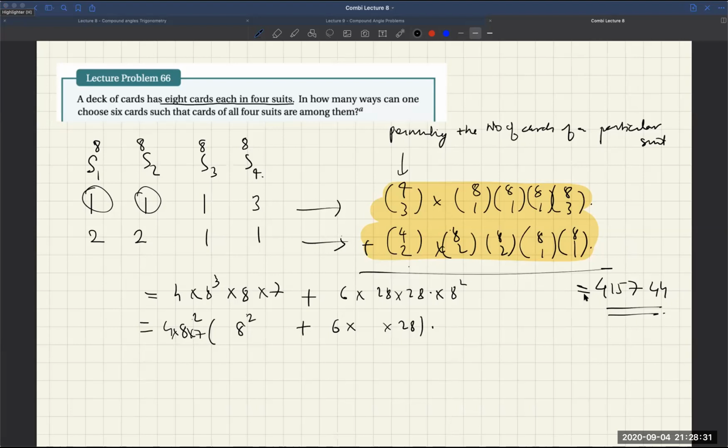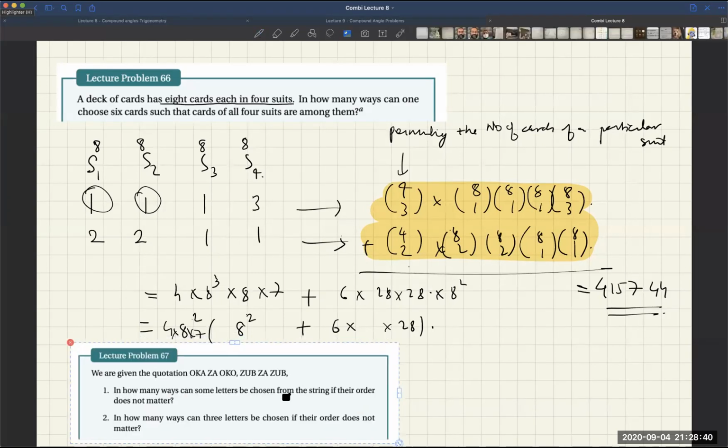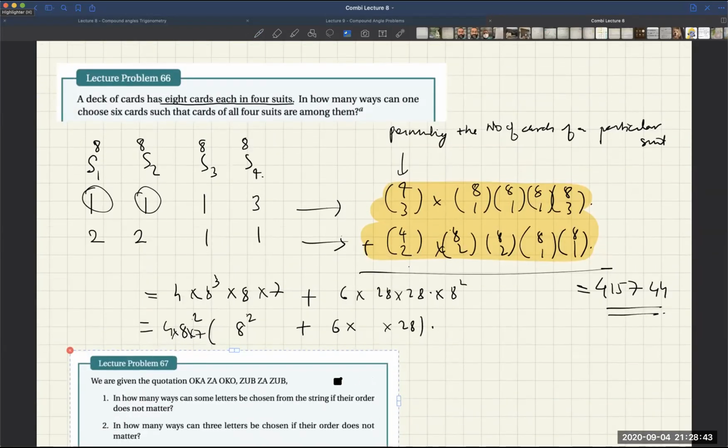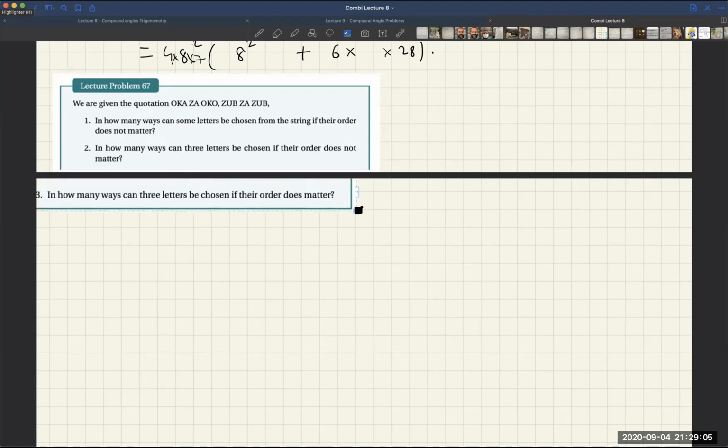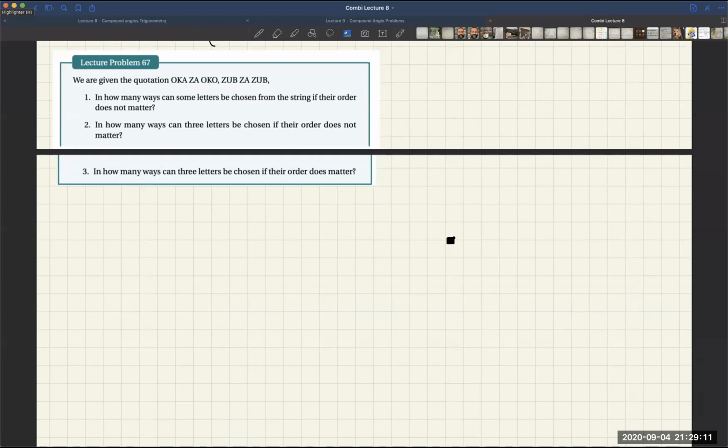Now try this problem. We are given the string OKA, ZA, OKO, ZUB, ZA, ZUB.